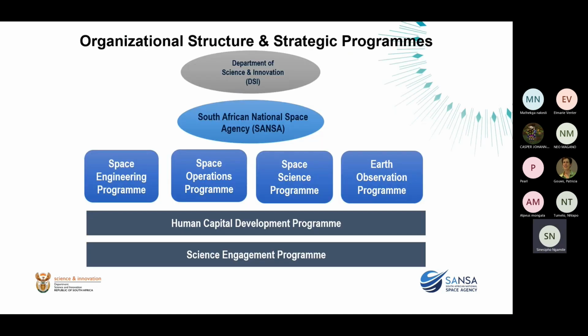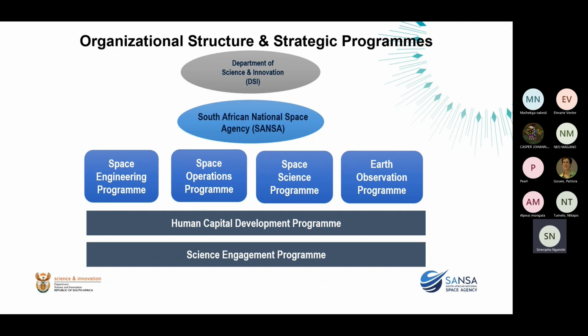We are an agency of the South African government, but we are an entity of the Department of Science and Innovation. And we have 4 divisions or programs at SANSA, and then we also have cross-cutting programs, such as the Human Capital Development Program, as well as the Science Engagement Program.